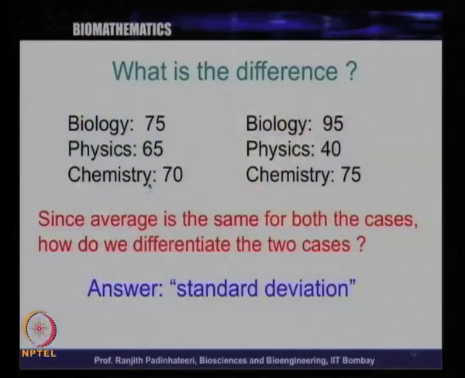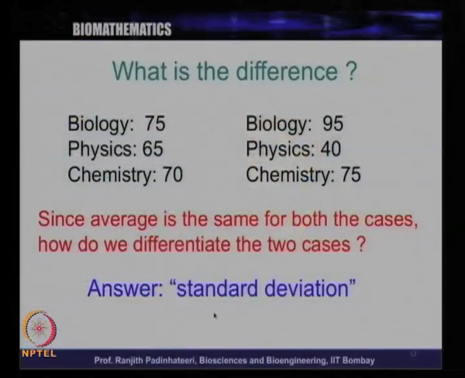So, whatever we have presented here in terms of marks can be equally adopted to concentrations. Instead of this you can say experiment 1 75 micromolar, experiment 2 65 micromolar, experiment 3 70 micromolar, and 95, 40 and 70 in some other experiments. So, even here there is some difference in the way you have done experiments, and it is not reflected when we just say average.